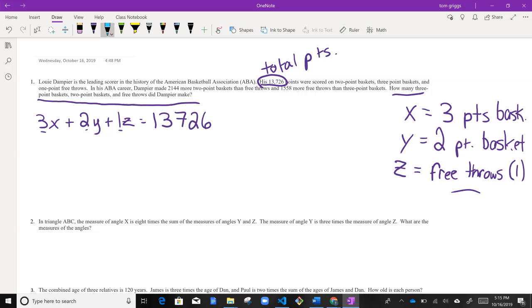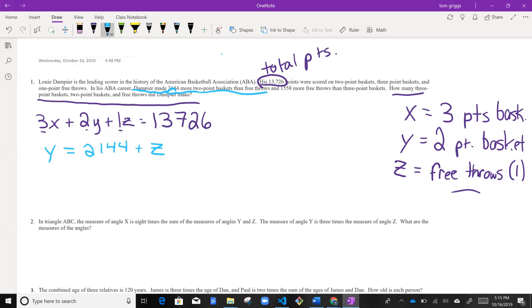All right, so if we keep reading, the next number we see comes right here where it says Dampier made 2,144 more 2-point baskets. So 2-point baskets means we're referencing Y. And in this problem, it's saying Y is equal to 2,144 more than the free throws, which are represented by the Z variable.